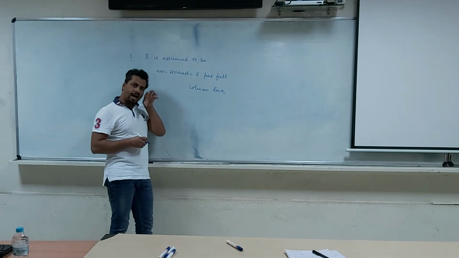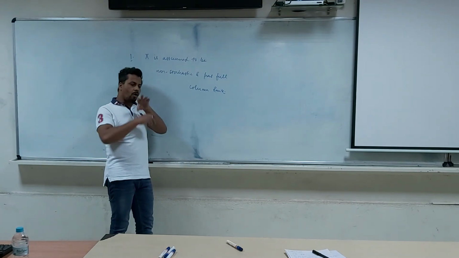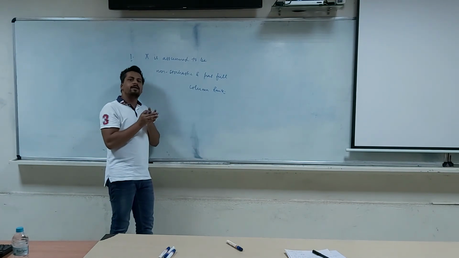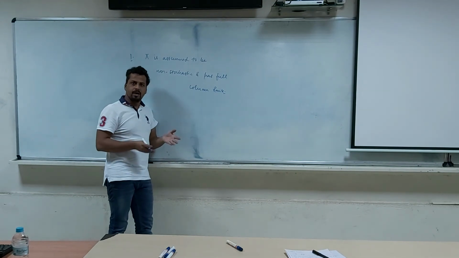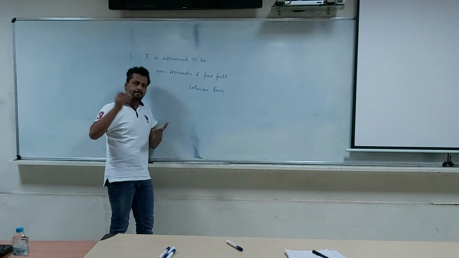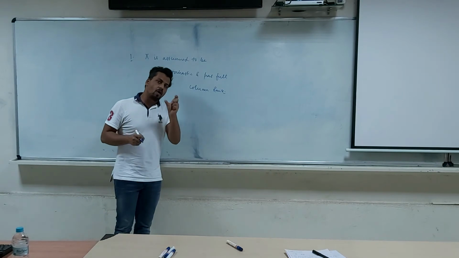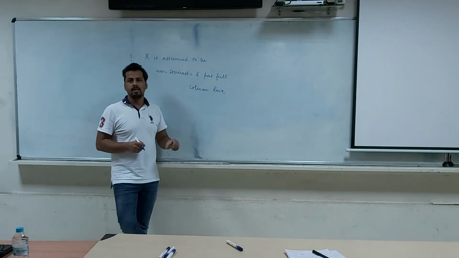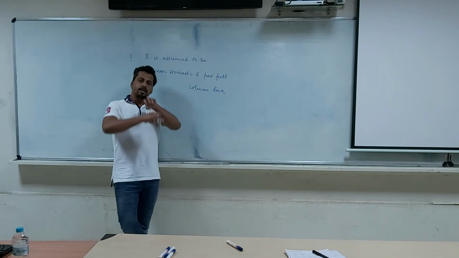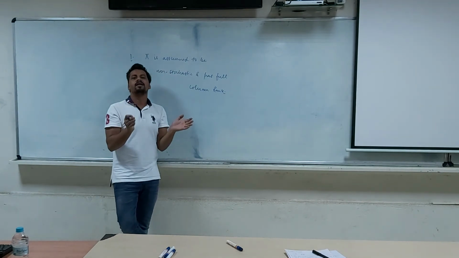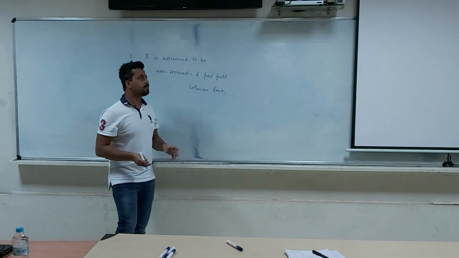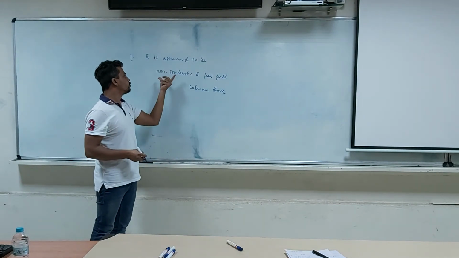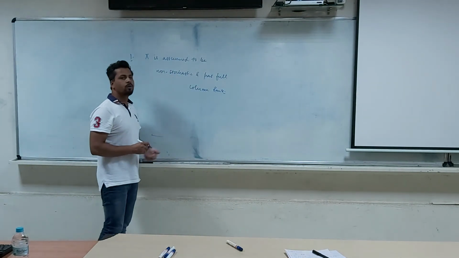So once you have a particular sample, all the values of the data matrix are assumed to be fixed. You keep on changing the sample, but once you talk about one particular sample on which you are trying to draw the inference, for that particular sample the elements of the data matrix are assumed to be fixed. That's what I mean by X is assumed to be non-stochastic and has full column rank.